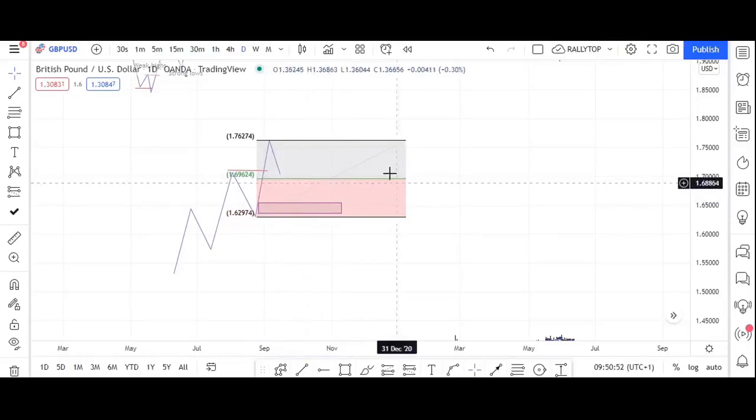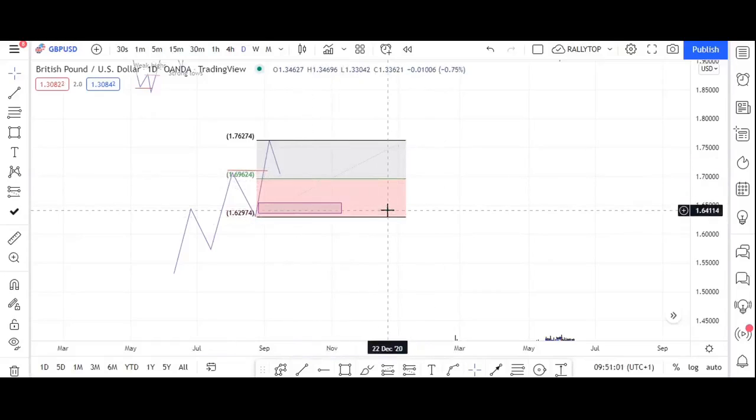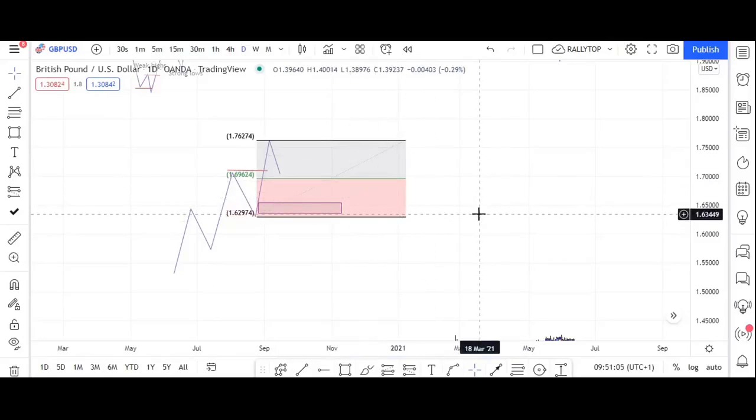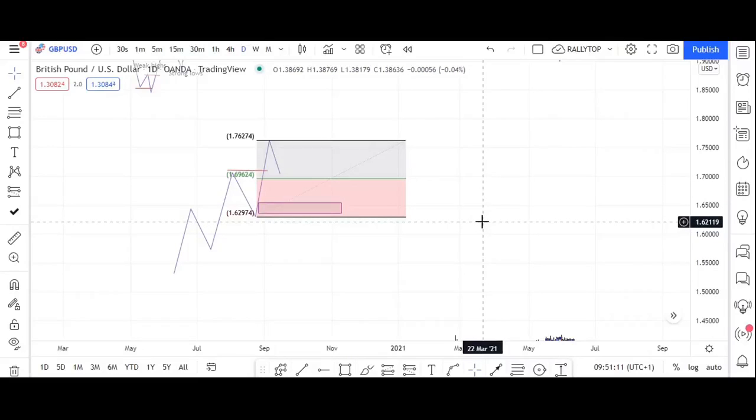And remember, what I'm explaining to you now using this bullish structure is exactly the same for a bearish structure. If you flip this the opposite way, you will have exactly the same thing. I'm not going to do that now because we want to save time. Do you understand that, guys?